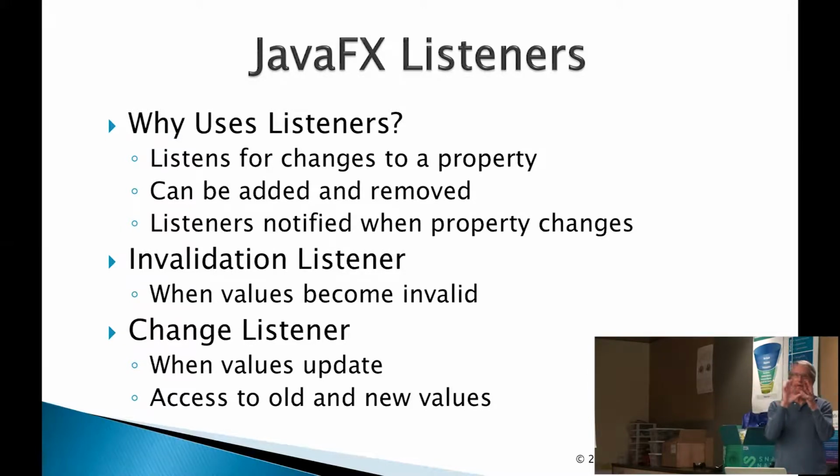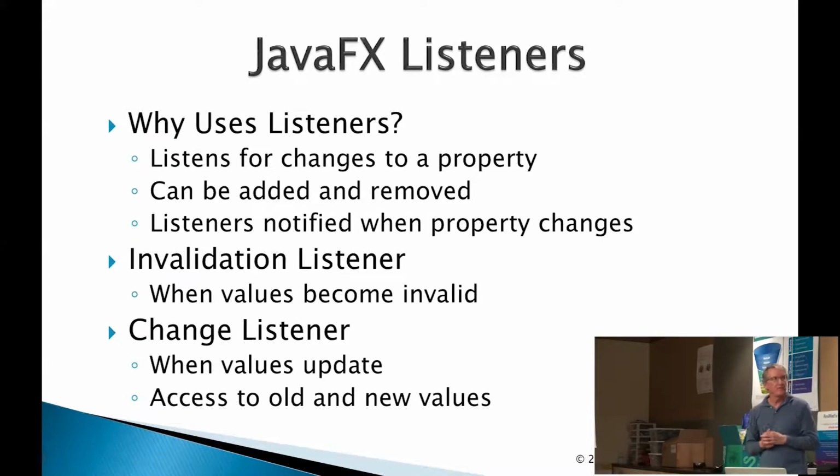So that a change was made, but it wouldn't be recomputed right away. But the invalidation listener can still notify you when that happens. And so if you need that kind of implementation for both lazy evaluation and eager, an invalidation listener is probably what you want to use.